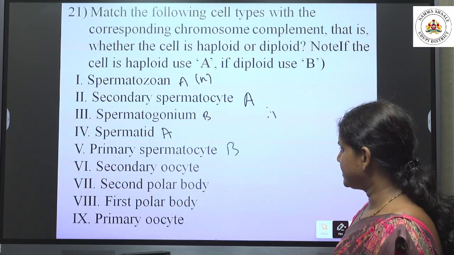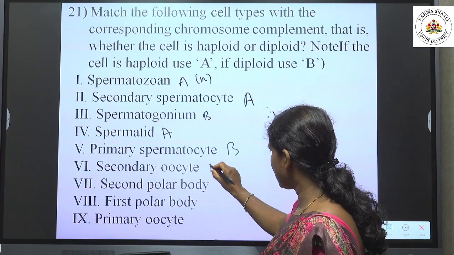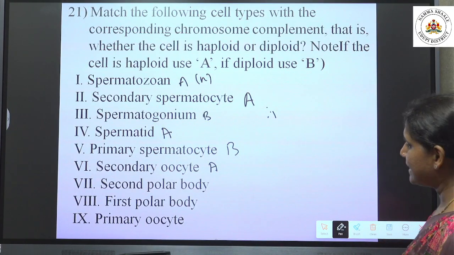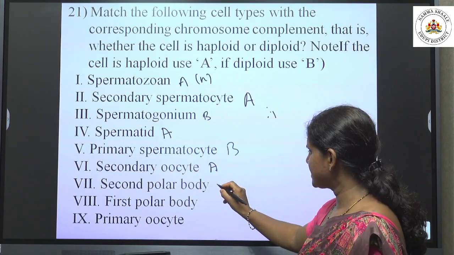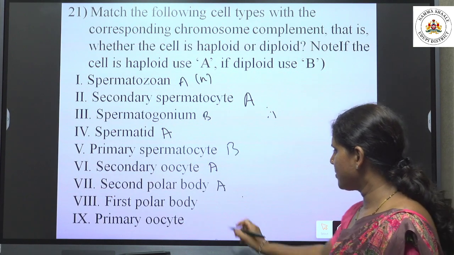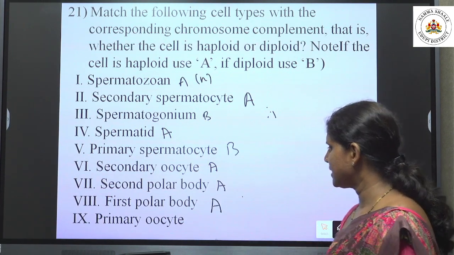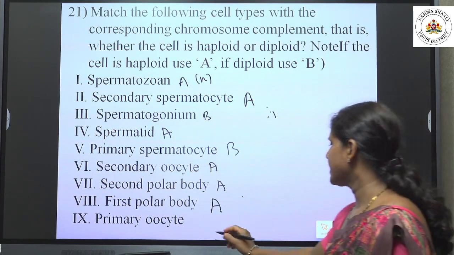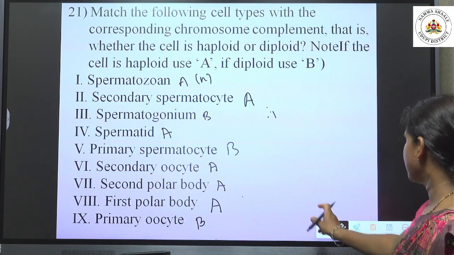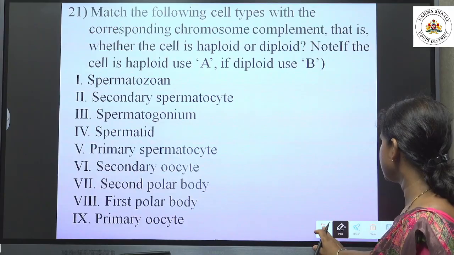Secondary oocyte is haploid, hence A. The second polar body is also haploid, A. The first polar body is haploid, A. Primary oocyte is diploid, hence B. So let us see the options here.